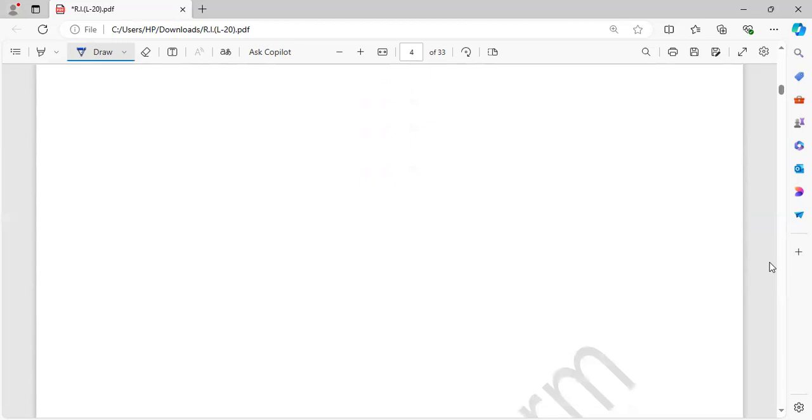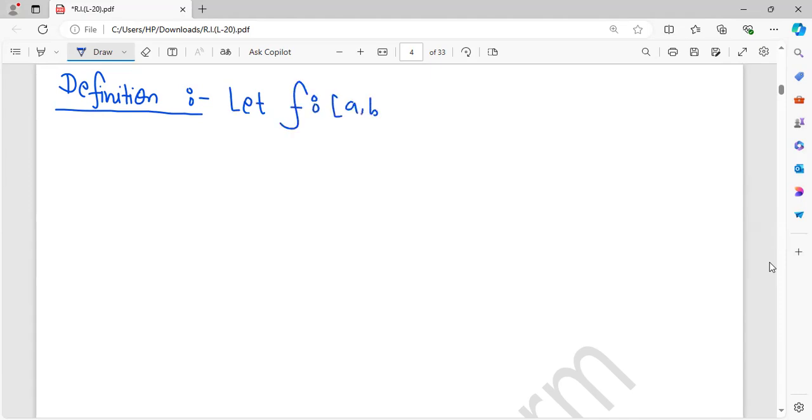Now we define Riemann integrable functions in terms of Riemann sums. So the definition: let f: [a, b] → R be a function.